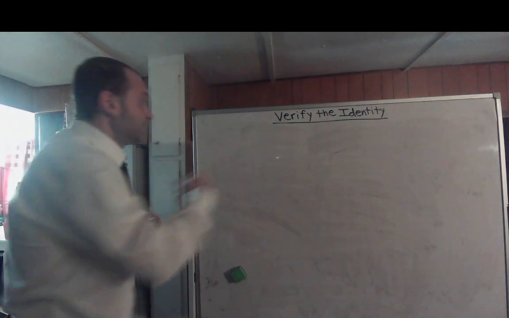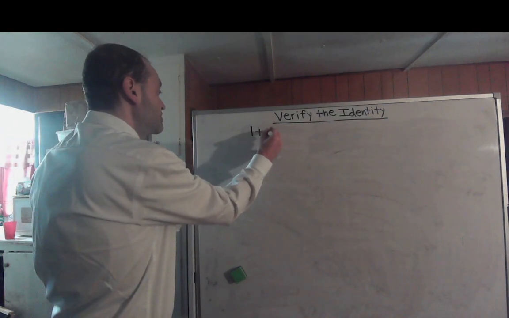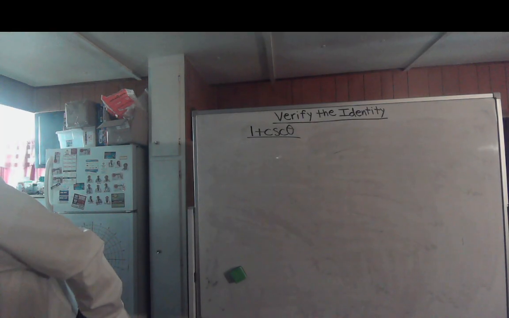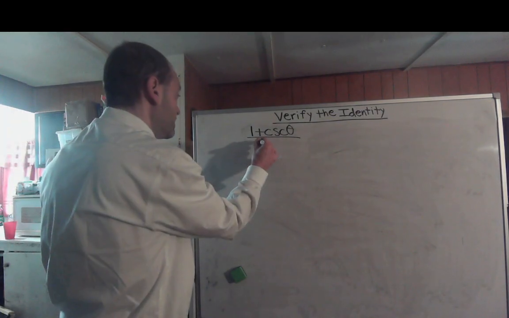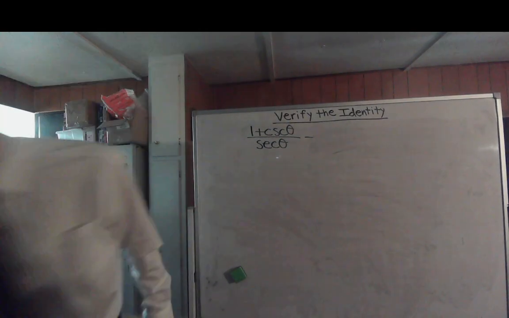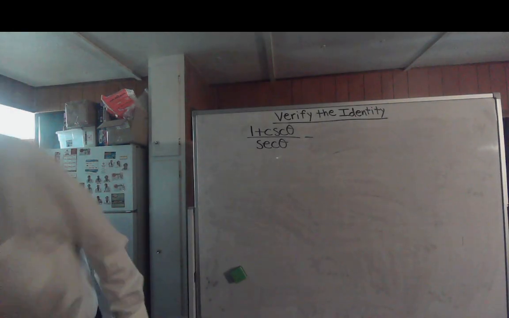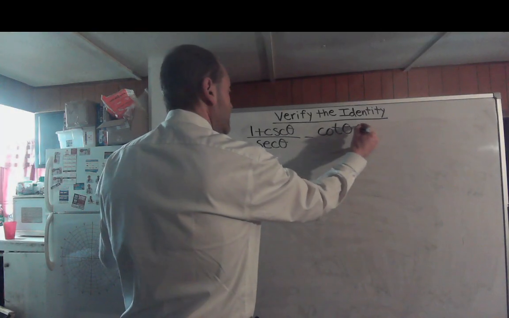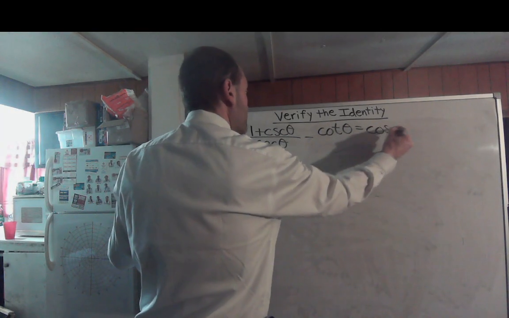All right, let's see. 1 plus cosecant of theta all over secant of theta minus the cotangent of theta equals the cosine of theta.